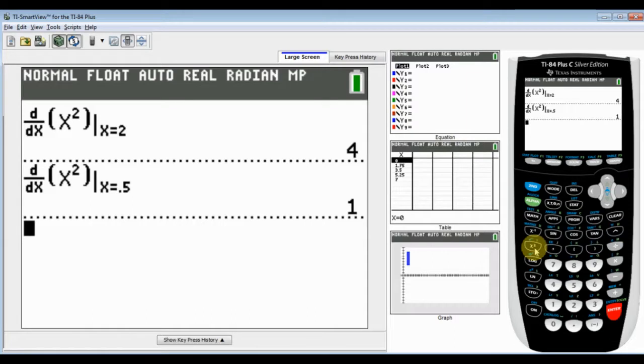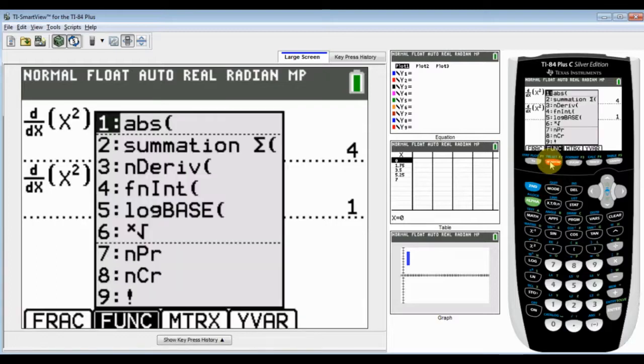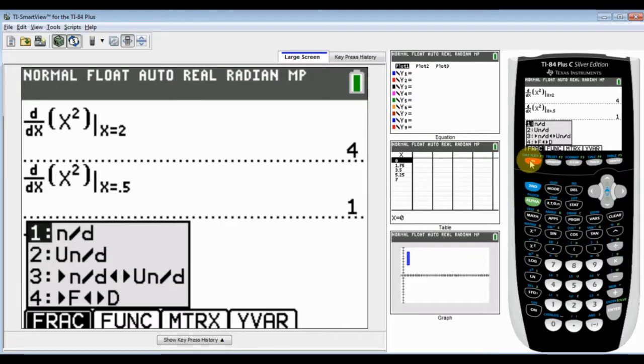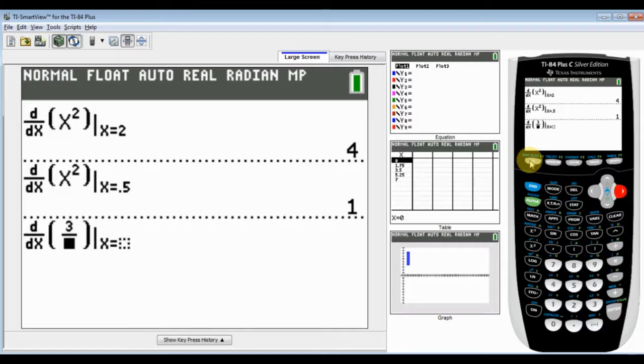So let's take the first derivative. Go ahead and put nDeriv on your calculator. You want a d/dx. And then the function you need here is the first derivative. What was my first derivative? 3 over 2, x squared.